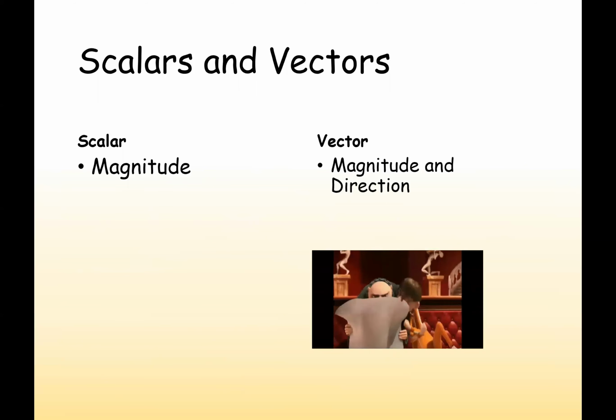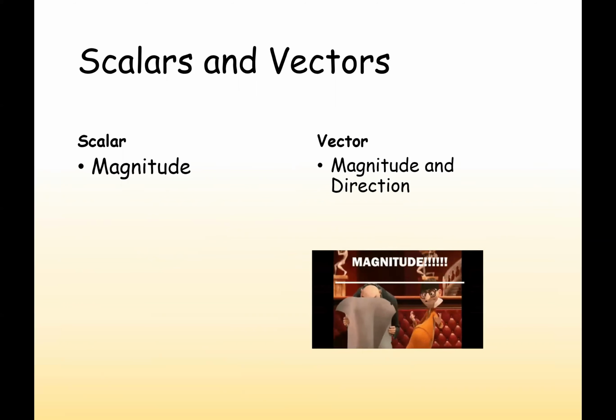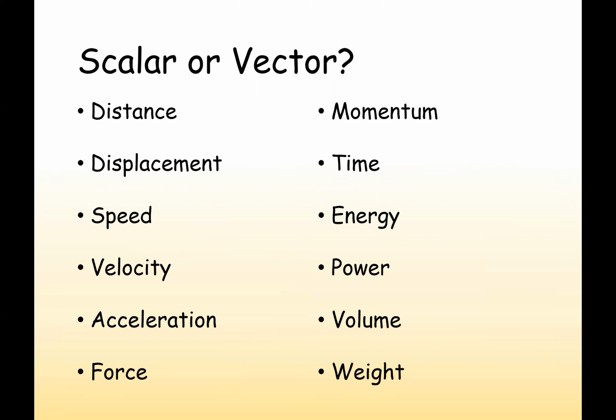And you may recognize this little gif about being vector, committing crime in both direction and magnitude. So have a think for a second. Out of all of these different quantities here, which ones are scalar and which ones do you think are vector? So remember, scalar just has magnitude, so size, and vector has magnitude and direction.